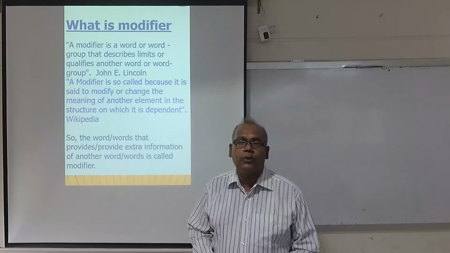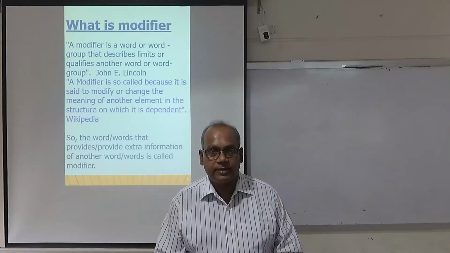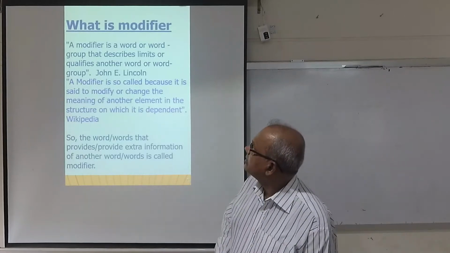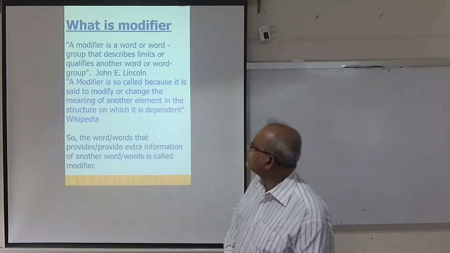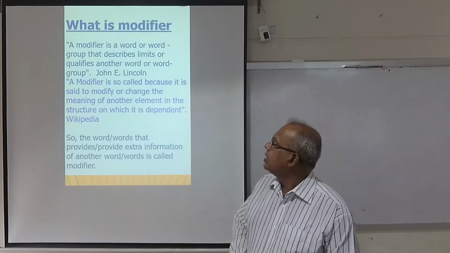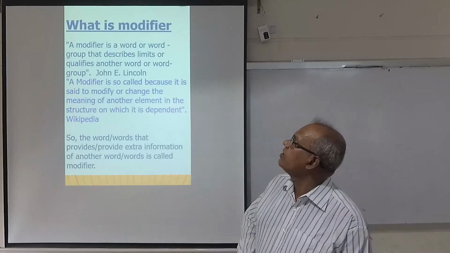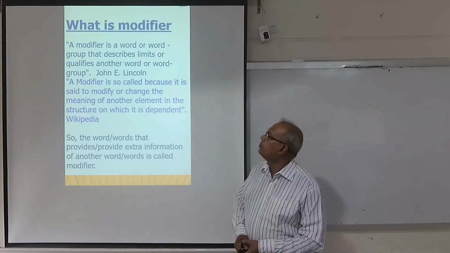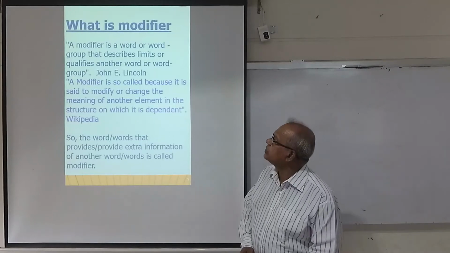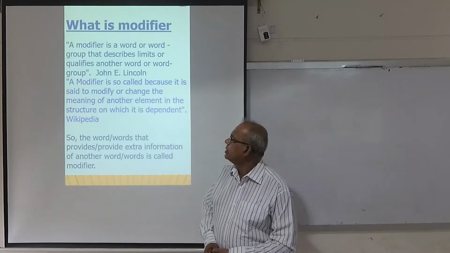Next, we should know the definition of modifier. Look at the screen and you will see three definitions. According to John E. Lincoln, a modifier is a word or word group that describes, limits, or qualifies another word or word group.